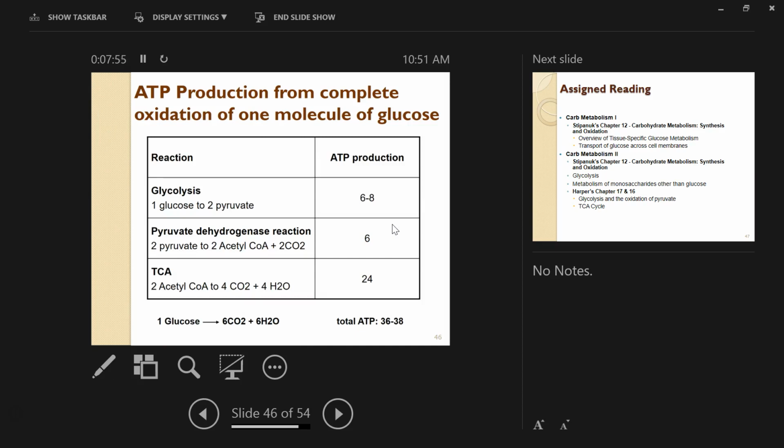And the calculation of ATP production is also a good exercise to help you understand the whole metabolic pathway of glucose oxidation.